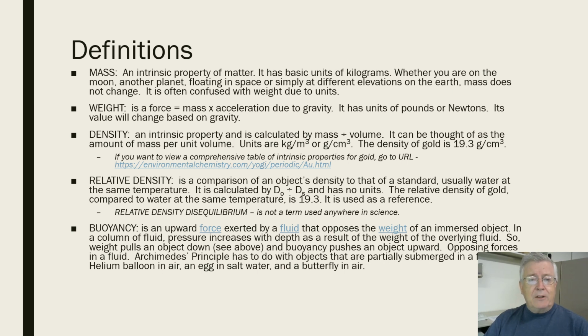You're dividing the units of the object by the units of the standard, so it has no units. You can change it to a percentage by multiplying by 100. So the relative density of gold compared to water at the same temperature is 19.3. It's used as a reference.